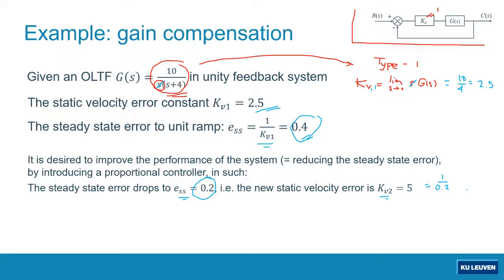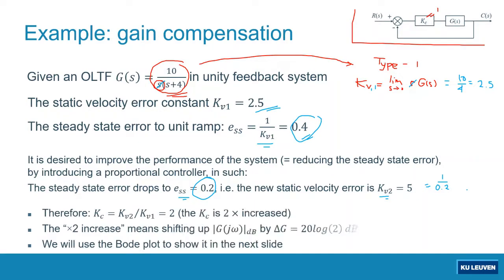What do we have to do? Then we just simply have to introduce a proportional controller. We have to tune the proportional gain. From the previous slide, we have already discussed that if we want to improve the steady state performance, we simply have to tune the proportional gain to be equal to the ratio of the desired Kv to the original Kv.